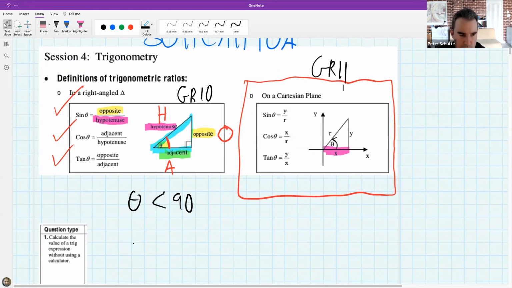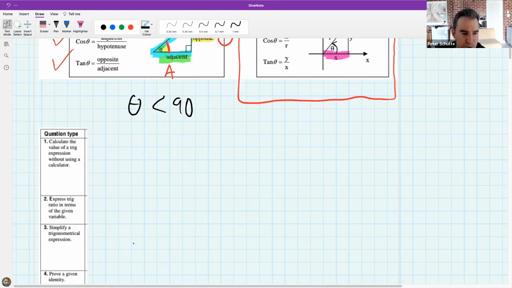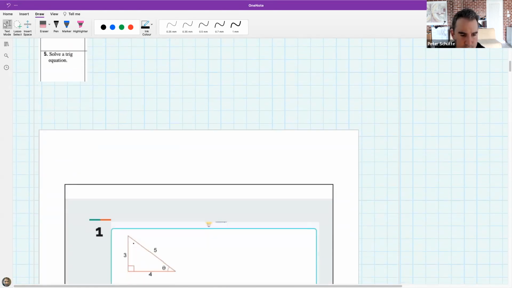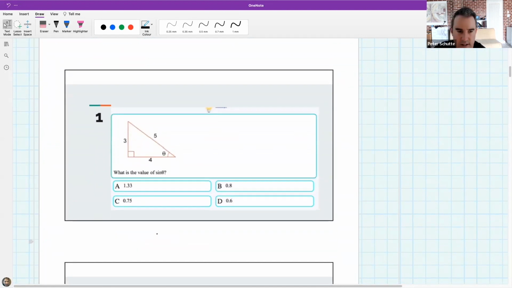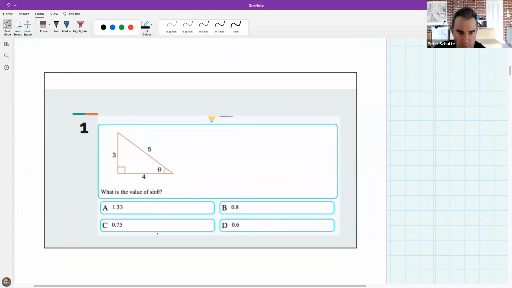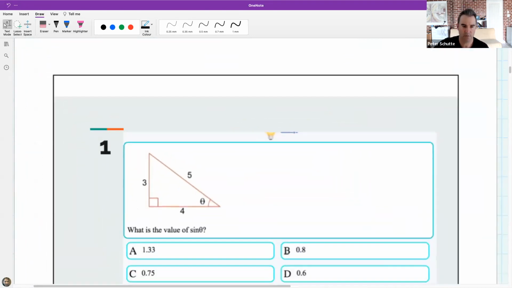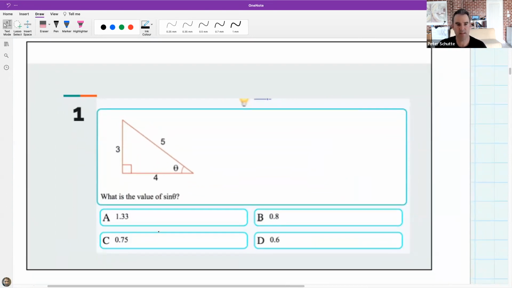Okay, so let's do a little bit of practice. So here is a multiple choice question, testing your knowledge of the basic ideas of trig. What is the value of the sine of theta if I give you a triangle like that?